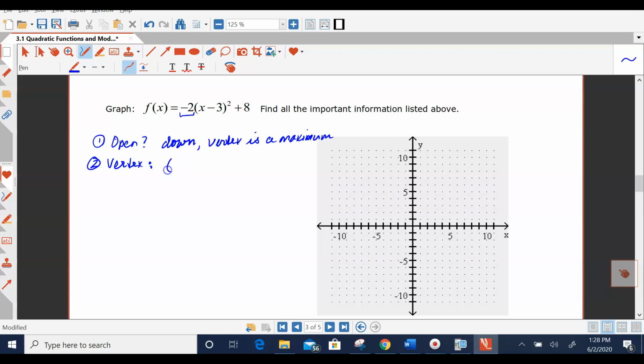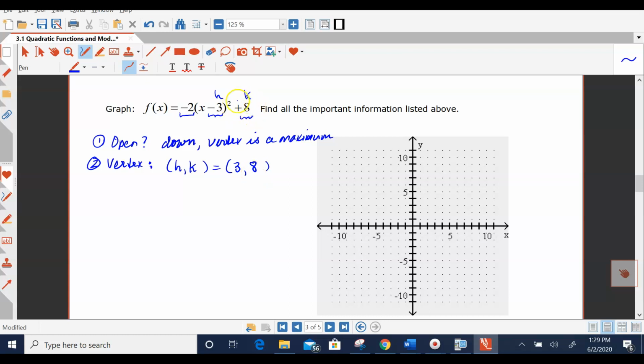Remember, the vertex is an ordered pair. We called it h comma k, and the h came from inside the parentheses, the inside number, and the k came from the outside number. So there is my h, there is my k, so my vertex is at 3, 8. Now you might think I made a mistake because I wrote that as a positive 3. But when you're getting the vertex from your equation, you have to think about what we did earlier in chapter 2, our shifts.